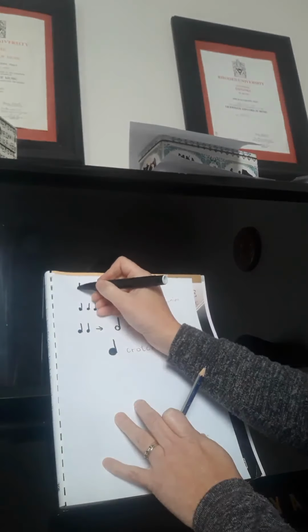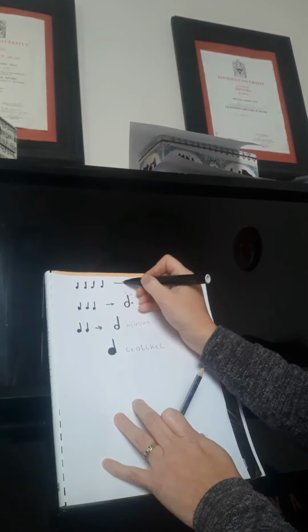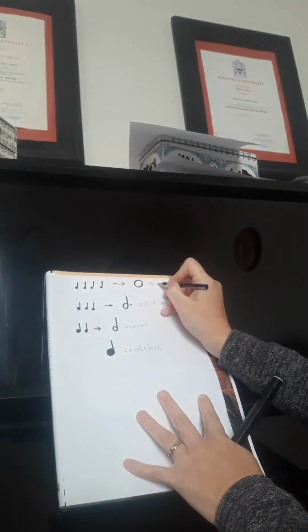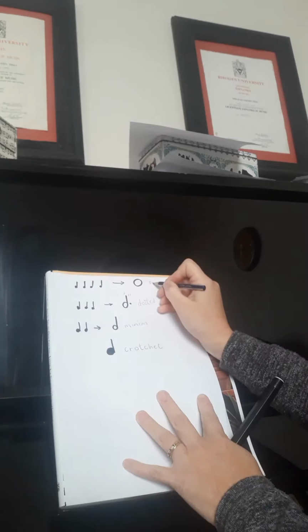And then we end off with 1, 2, 3, 4, the 4 count note there. We call it a semi-breve. Now I just want you to take note of one word here.